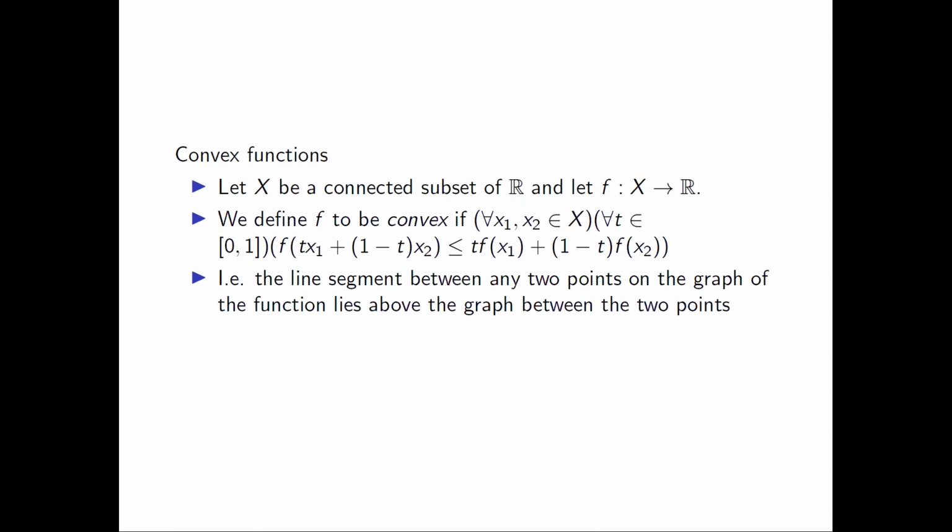Another way to look at the definition of convexity is to say that f is convex if the line segment between any 2 points on the graph of f lies above the graph between the 2 points. So we can see a picture to see why this makes sense.